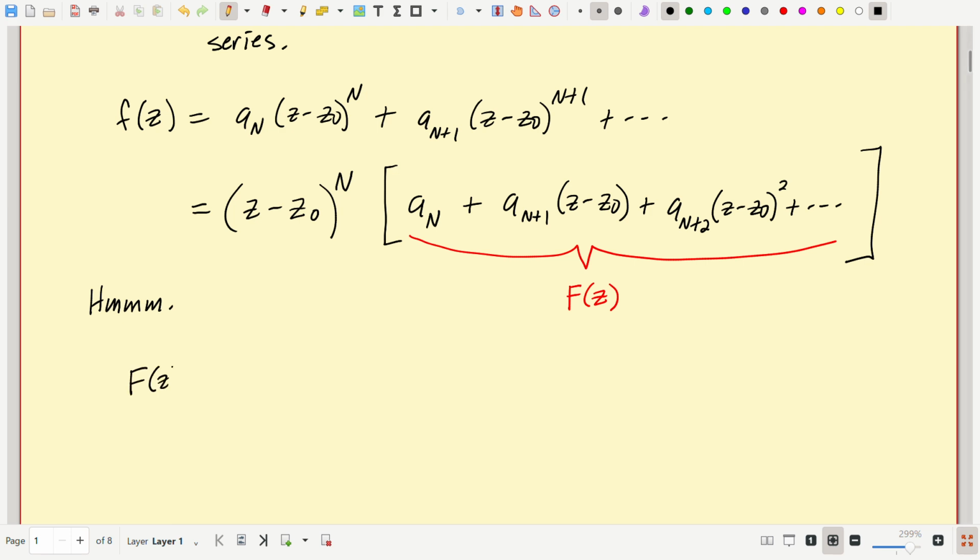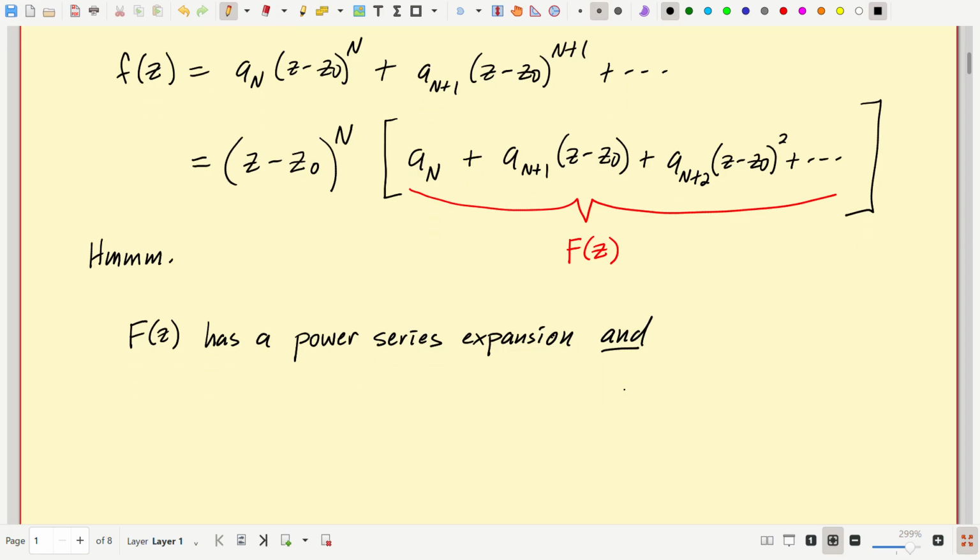F of z has a power series expansion, and if you think about that power series expansion, it converges for exactly the same z's that the power series for little f converges.